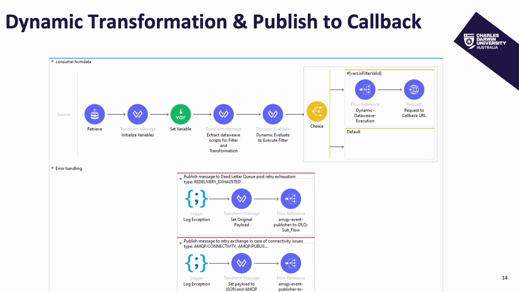Now finally, once all the transformation is completed, what we had to do was to call the slash publish endpoint which we had spoken about in the previous slides and send the transformed JSON back to the publish endpoint of the respective system APIs.